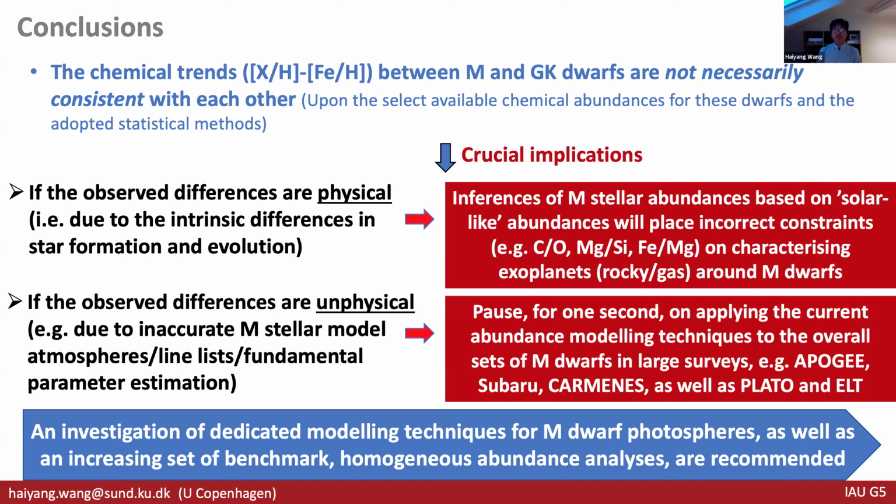And of course, we need more measurements for M-dwarfs. It is a little bit counterintuitive: I said we need a pause, but still we need more data to be able to be clear.